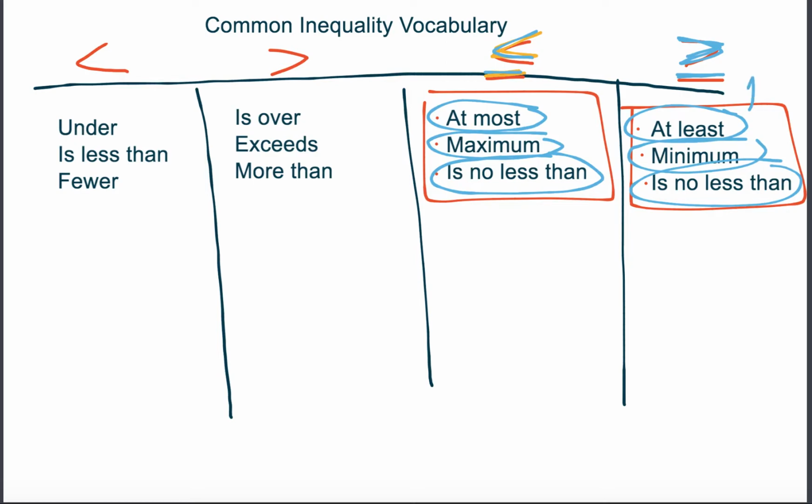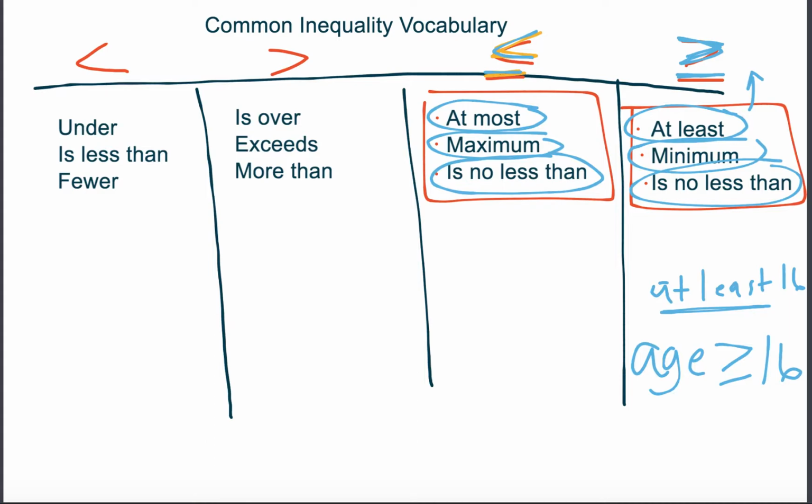But think of it this way. If you need to be at least 16 to get your driver's permit, which I believe is true in New York, your age, let's say A is age, or let's just write the word age. Your age, if you need to be at least 16, must be greater than or equal to 16 in order to have your permit to drive in New York.